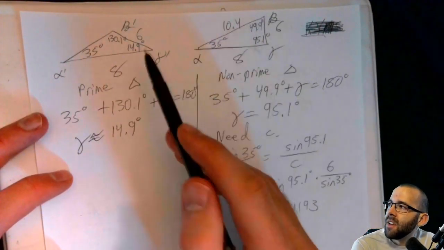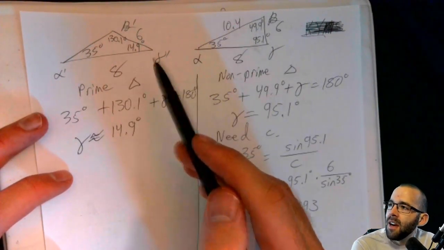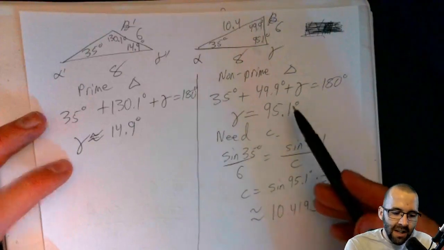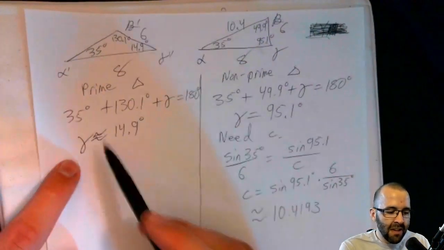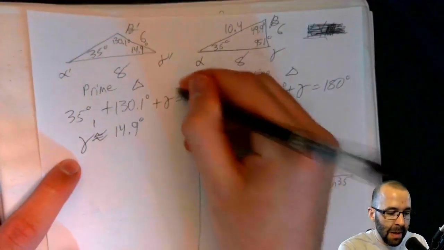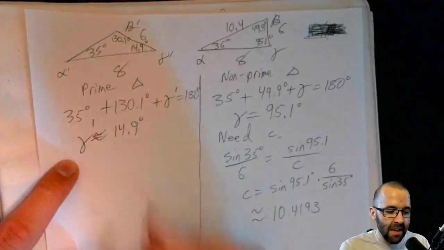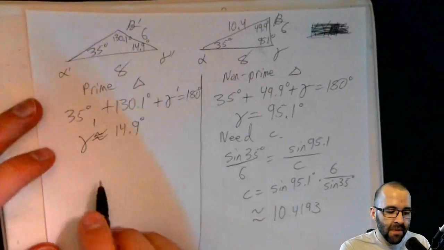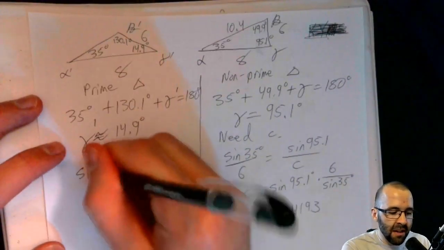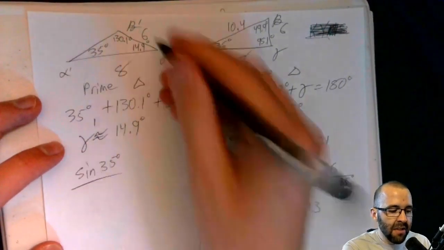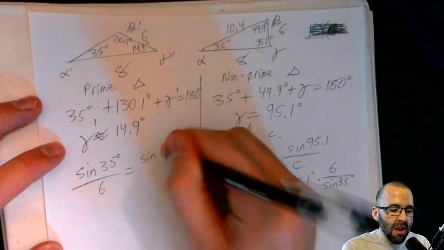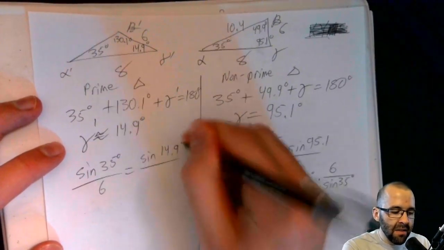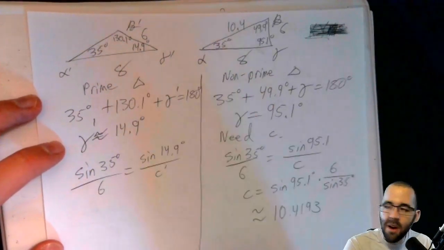All right, so we now have gamma prime. And just like we did over here for this triangle, we found gamma, we needed C. Well, we found gamma prime, and now we need to find C prime. Just like before, we can use the same thing. Sine of 35 degrees divided by its opposite side is equal to the sine of gamma prime divided by its opposite side, C prime.